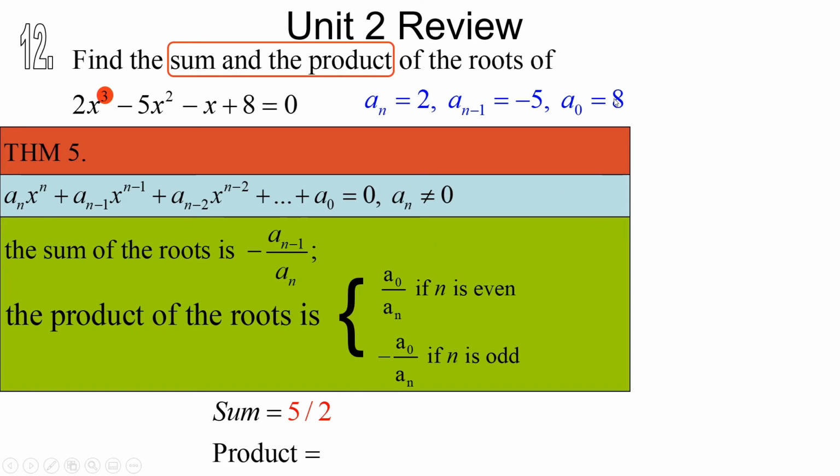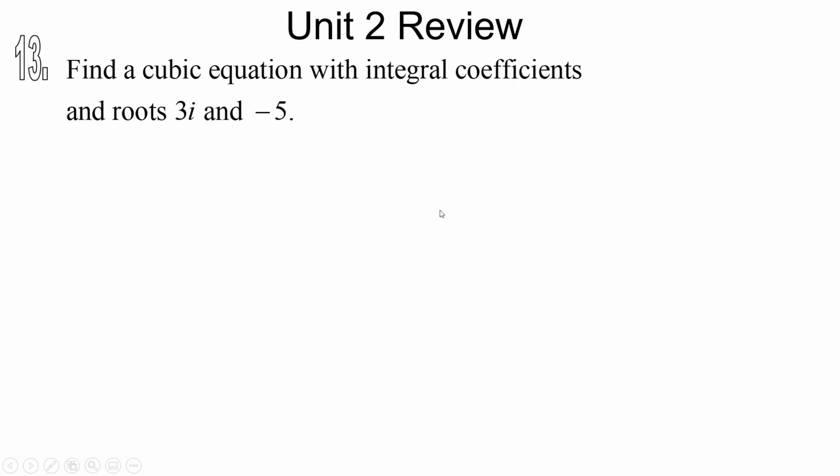The opposite of my constant is negative 8 over my leading coefficient 2, that'd be negative 4. That's the sum and the product of the roots of 2x cubed minus 5x squared minus x plus 8 equals 0. Wow.